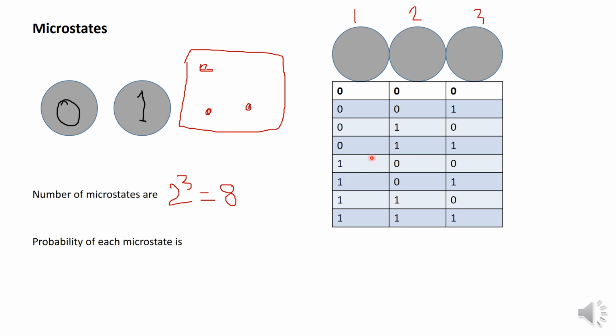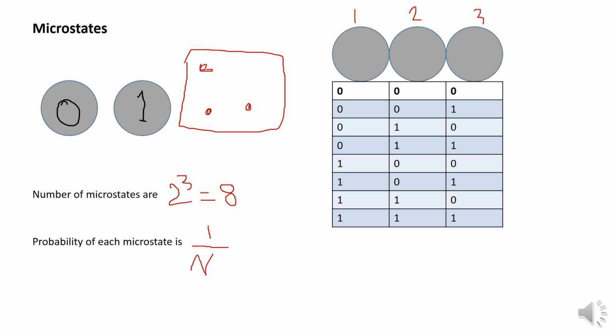There are 2 possible velocities and 3 particles, so the total number of states is 8. These states are microstates: 0, 0, 0, and 0, 0, 1, and these are two microstates. 0, 1, 0 is another microstate. 0, 1, 1 is another microstate. I want to share useful information here: all microstates are equally probable, and the probability of one microstate occurring is 1 divided by the total number of microstates.